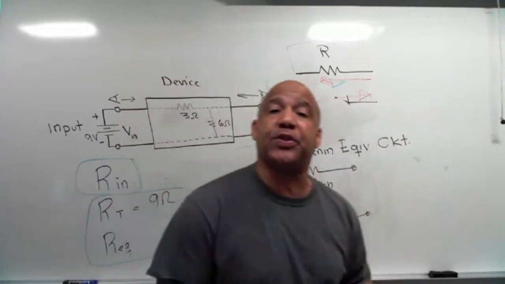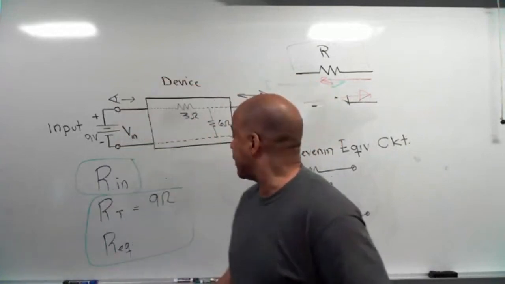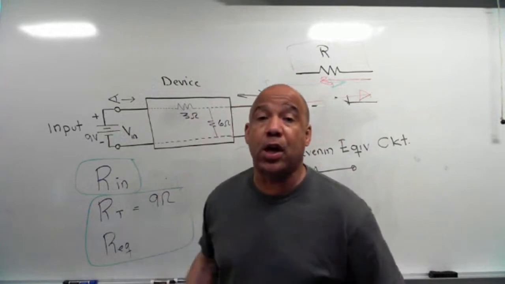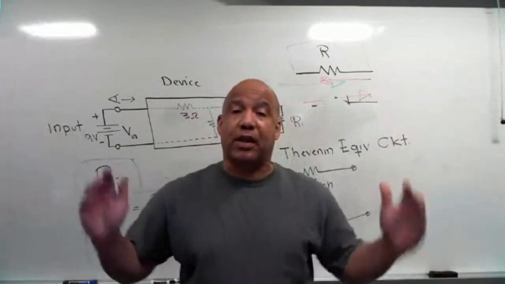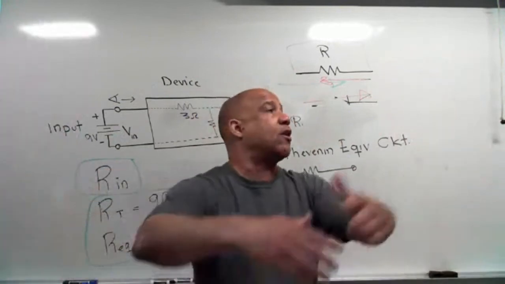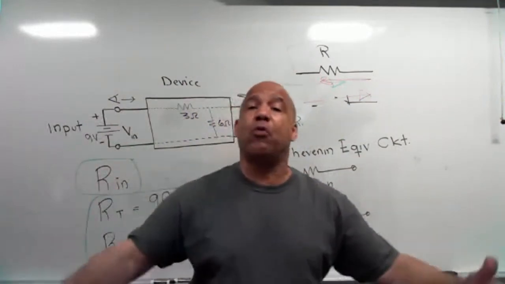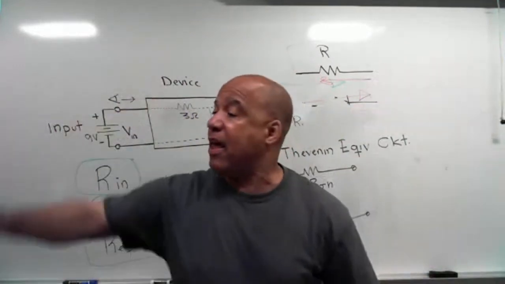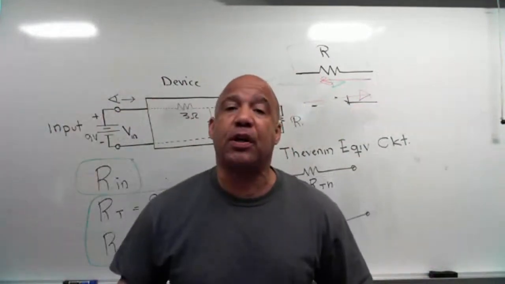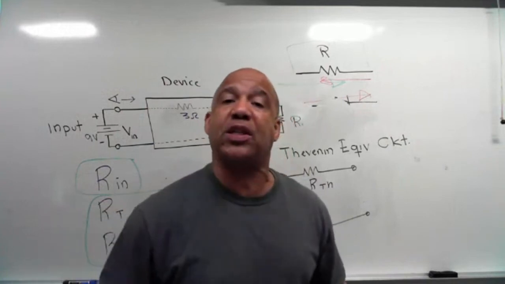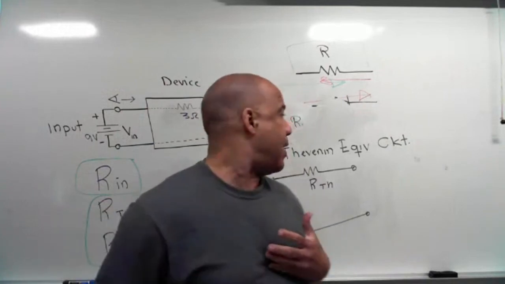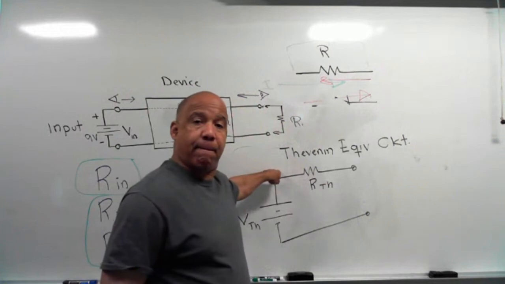I don't care how many resistors the circuit has. I don't care how many voltage sources the circuit has. You can give me the biggest circuit you can think of, a circuit that'll fill this room, a circuit with 1,000 resistors in it and 50 voltage sources, and as long as it's a linear bilateral DC network, guess what I can do? I can reduce it down to that.